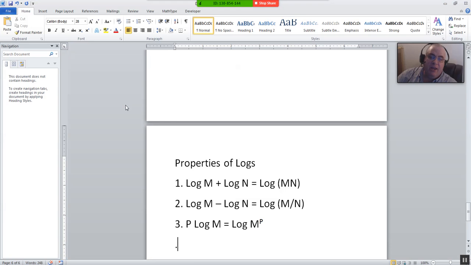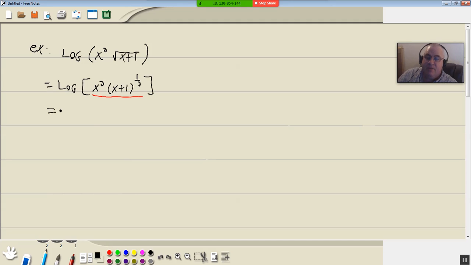Well, from our property, multiplication we can rewrite going the other direction as addition. So this becomes log x squared plus log x plus 1 to the 1/2. Now you're still asking yourself the main thing that's happening. There's only one thing left here, the second power.